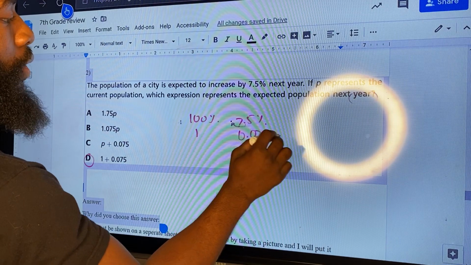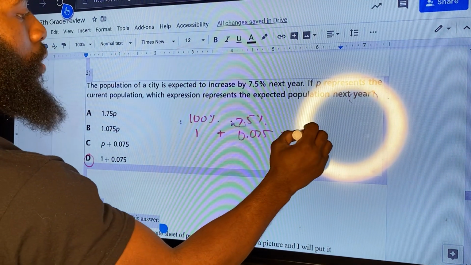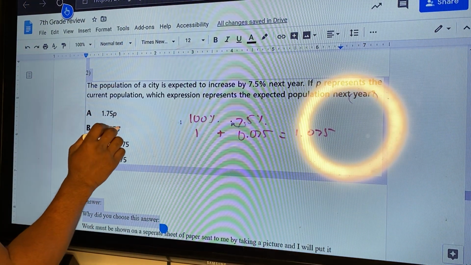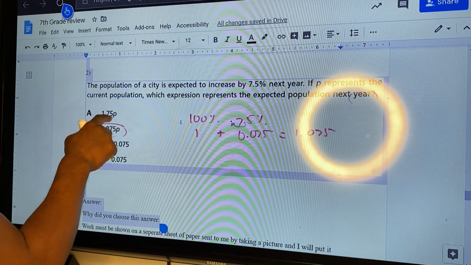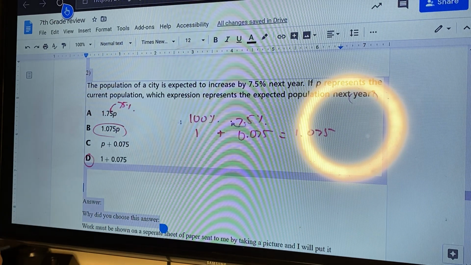You add that together, you get 1.075. So the expression will be 1.075P. 1.75P would mean 75% and not 7.5%.